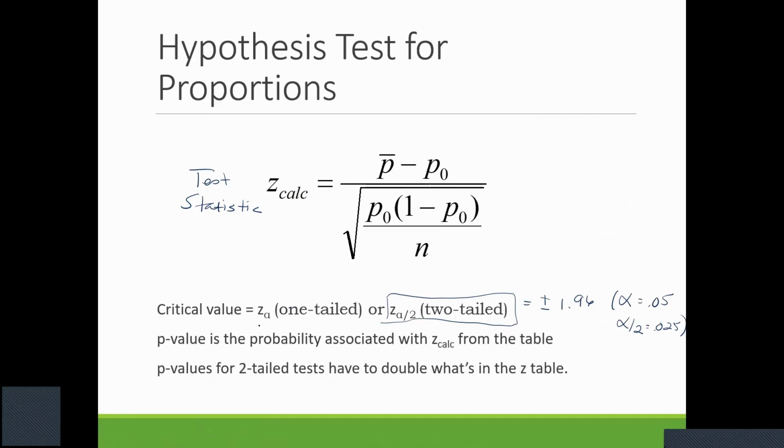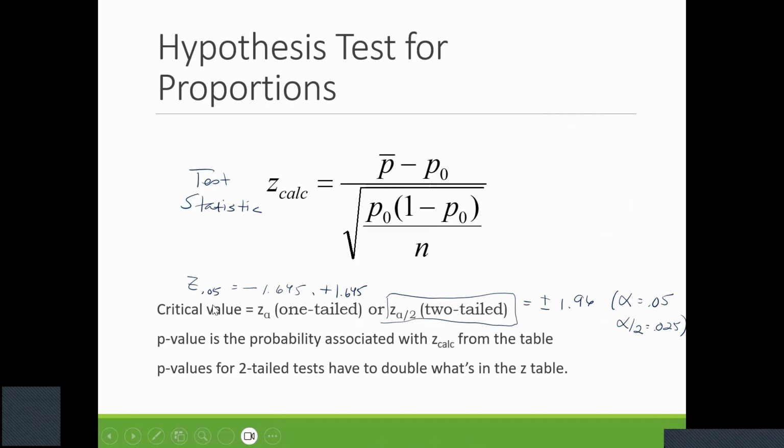The one-tailed z for 95%, so z of 0.05, is either negative 1.645 or positive 1.645, depending on which direction you're looking.